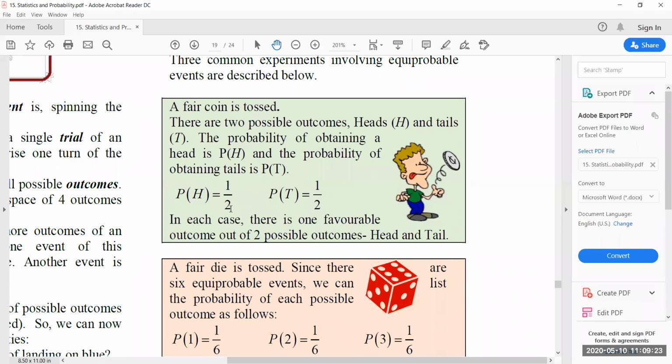It's 1 out of 2 chances, and the probability of obtaining a tail is 1 out of 2 chances. In each case, there is 1 favorable outcome out of 2 possible outcomes, either head or tail.